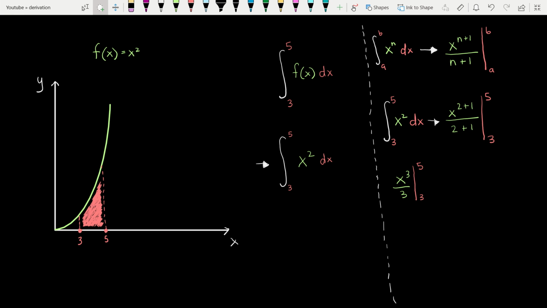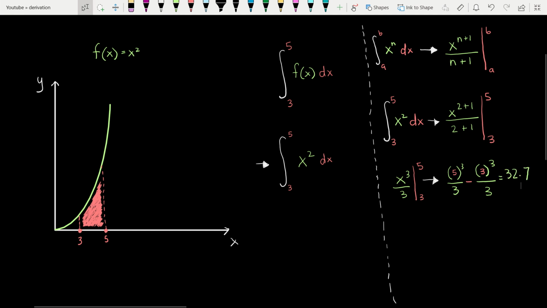Your upper limit is 5 and your lower limit is 3. Wherever you see x, you input the upper limit first, then input the lower limit, and then subtract those two. That's going to look something like this. Once you solve this, you're going to get the area.